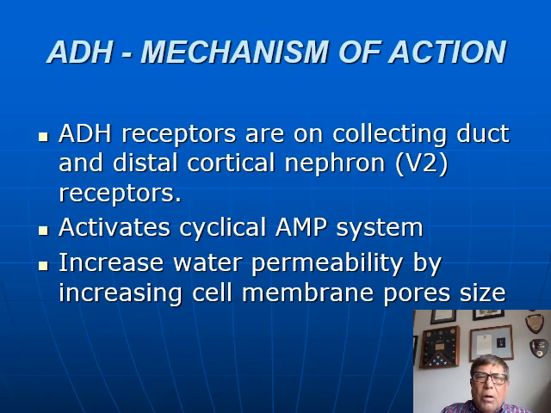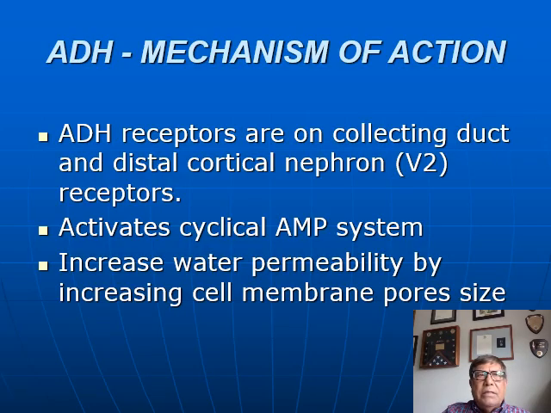Let's talk about the mechanism of action of antidiuretic hormone. The receptor for ADH is located in the distal convoluted tubule and collecting duct of the nephron. It has two receptors, V1 and V2, and I have a nice diagram on the next slide to explain all that to you.